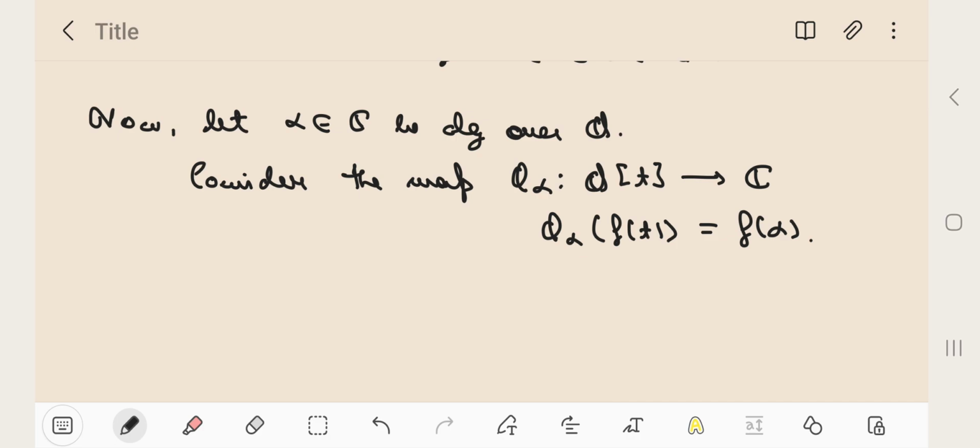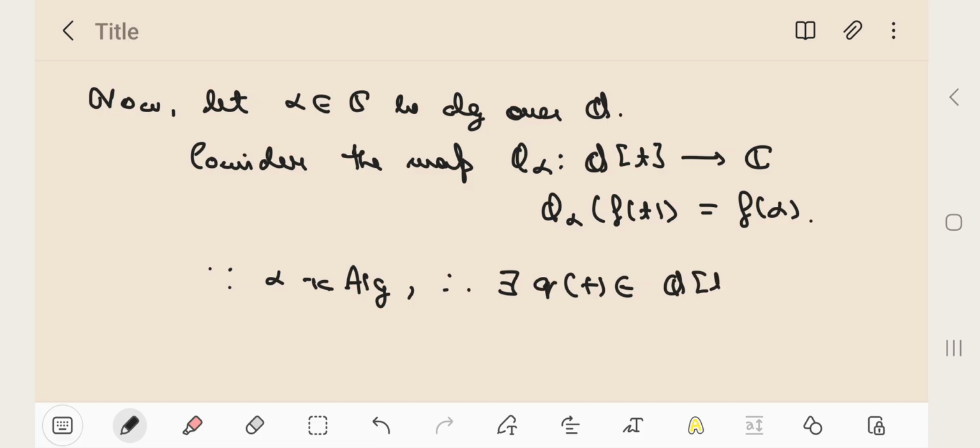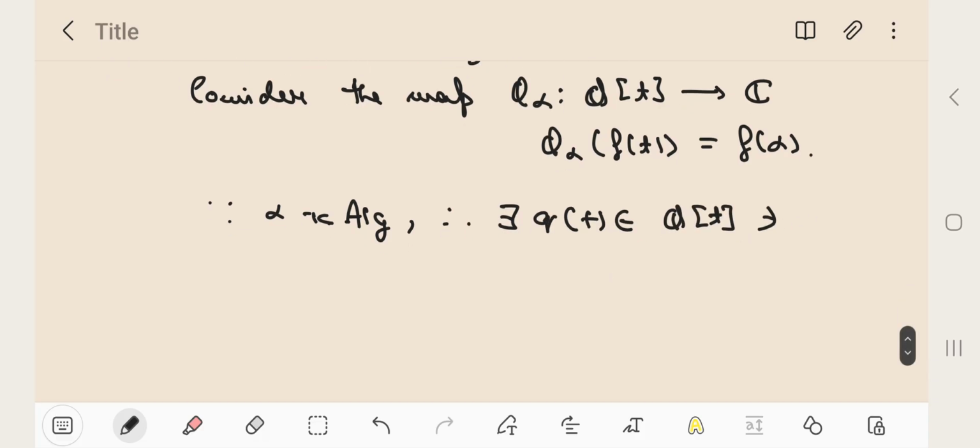Clear? Now since alpha is algebraic over Q, I know that there exists a polynomial over Q such that that polynomial evaluated at alpha is 0. Since alpha is algebraic, there exists some polynomial q(t) in Q[t] such that q of alpha is 0, right?